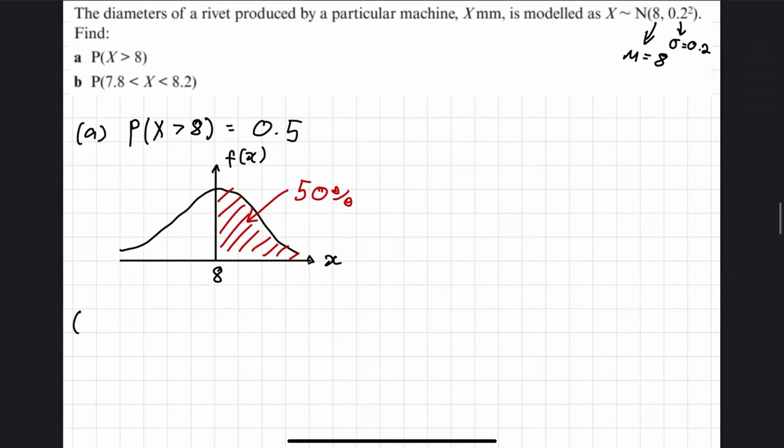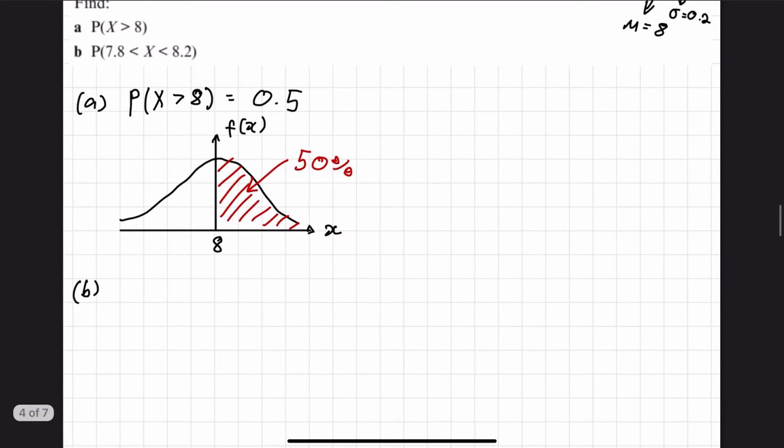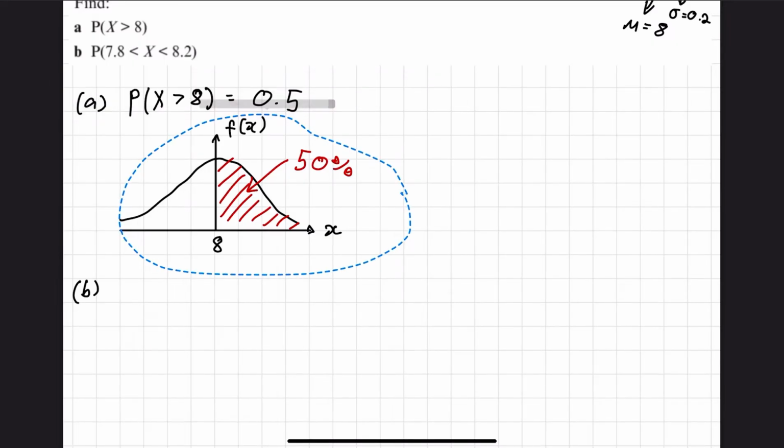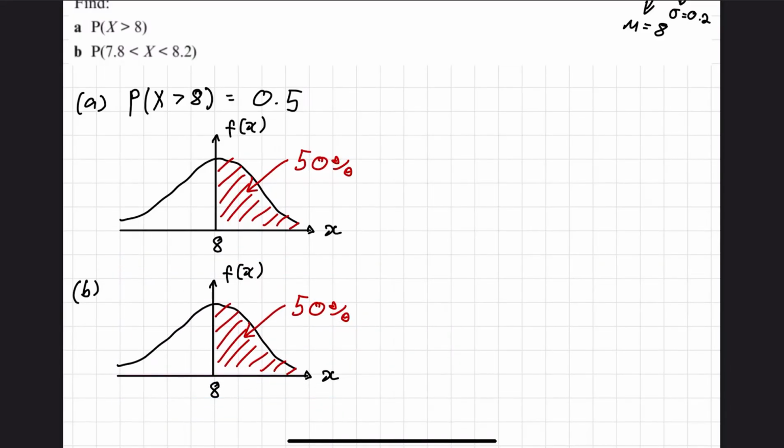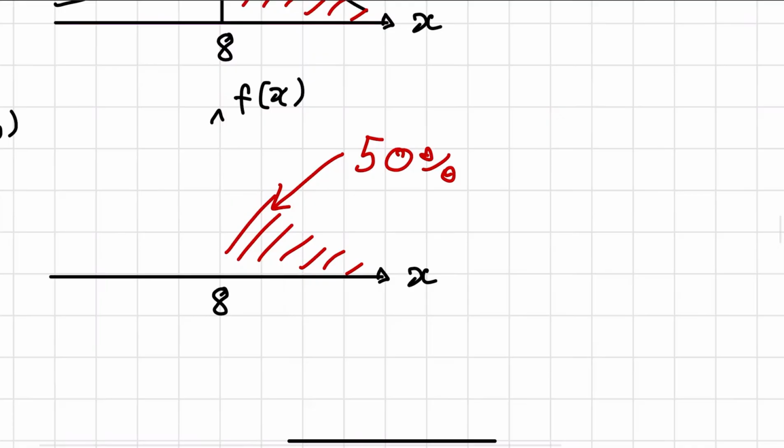Now B. Find the probability that x is between 7.8 and 8.2. So maybe I will just copy this diagram and get rid of the shading.